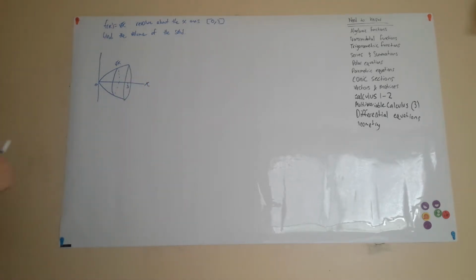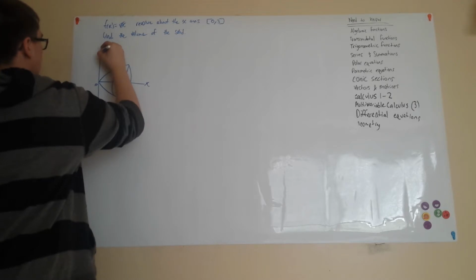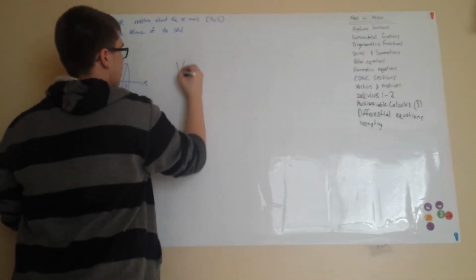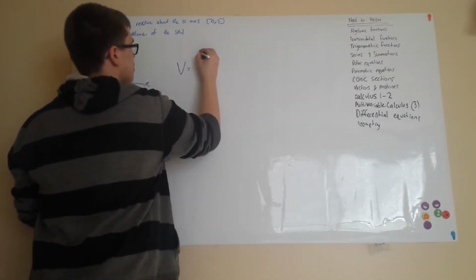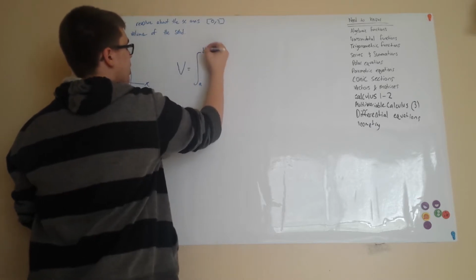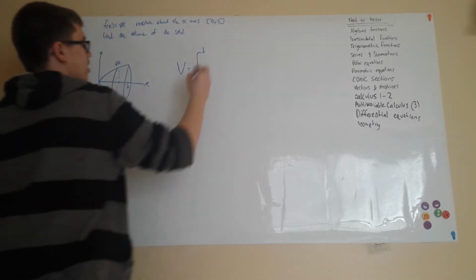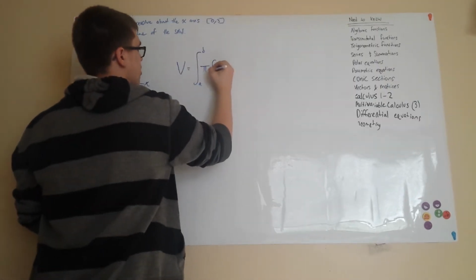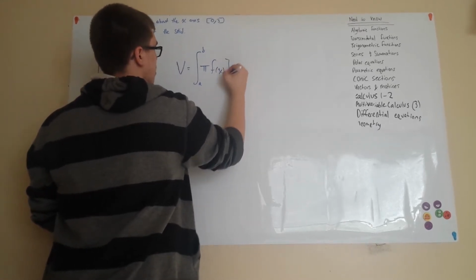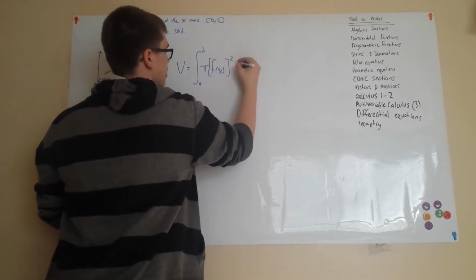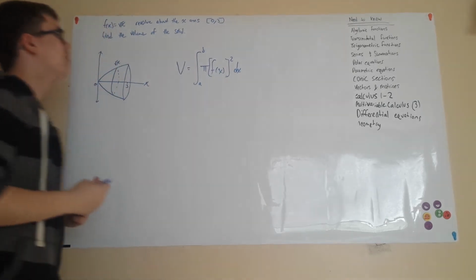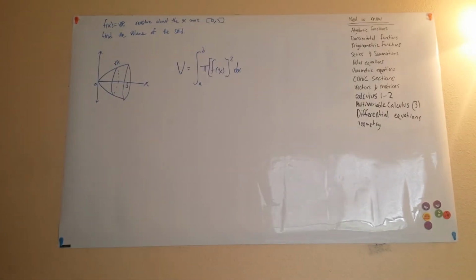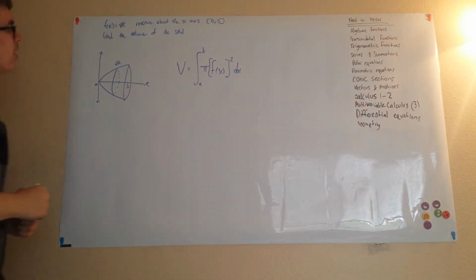So remember the volume. The volume equals the definite integral from a to b of pi times your f of x squared dx. Okay?